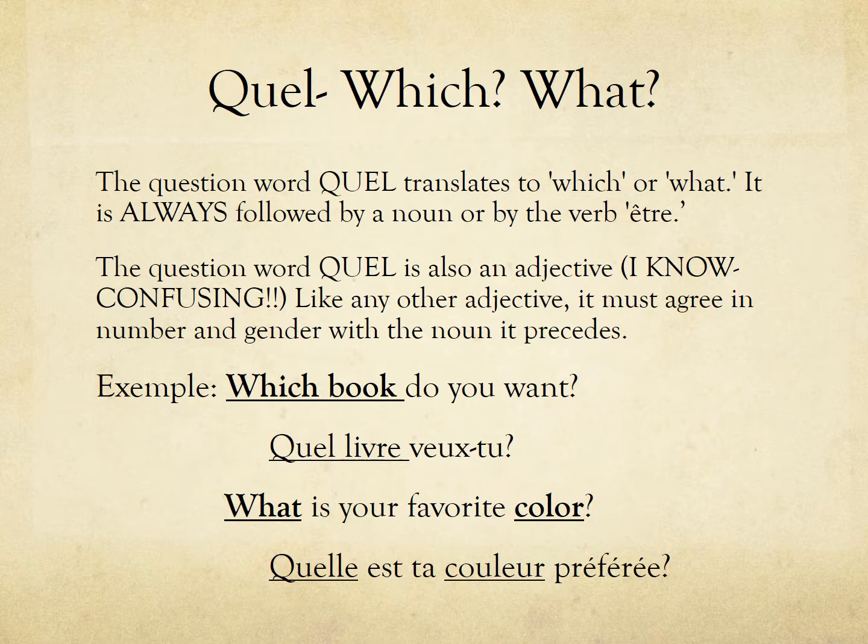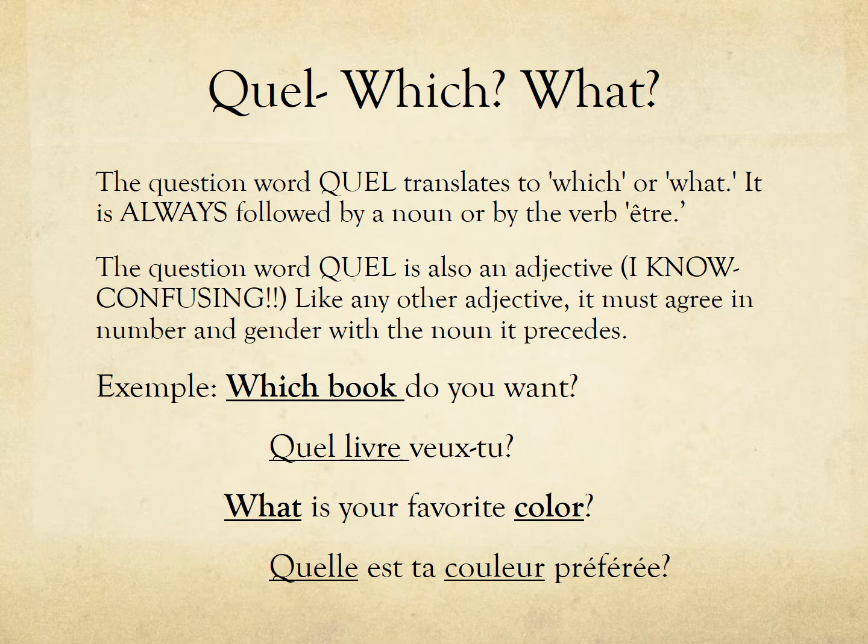So now this brings us to one of our final question words, which is quel, which can mean which or what. So the question word quel translates to which or what, and it is always followed by a noun or by the verb être. So the question word quel is also seen as an adjective. I know, super confusing.